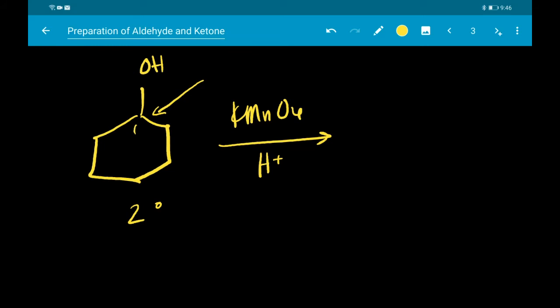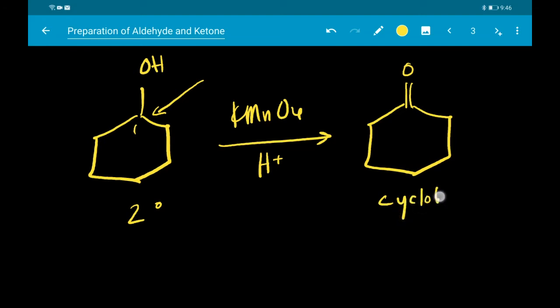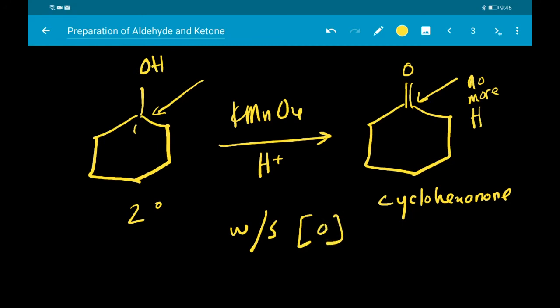The OH will be transformed into C double bond O, so from cyclohexanol we get cyclohexanone. In this form, the carbon has no more hydrogen to be transformed into carboxylic acid. That's why, whether we use a weak or strong oxidizing agent, it remains a ketone only, with no further transformation into carboxylic acid.